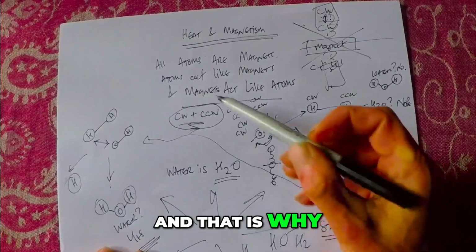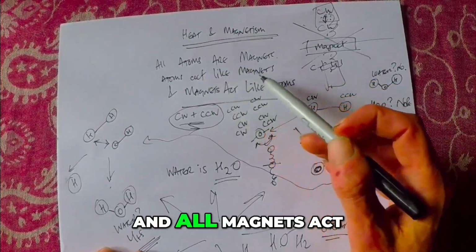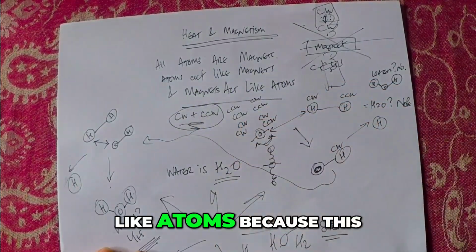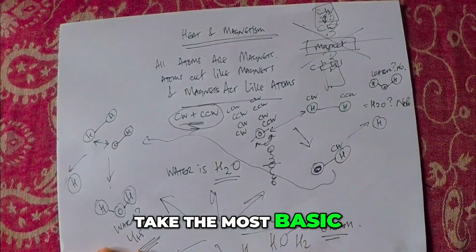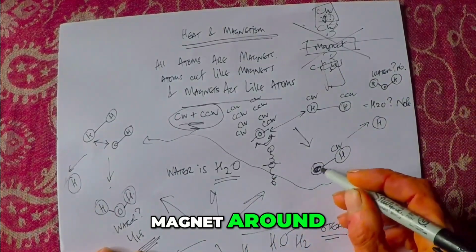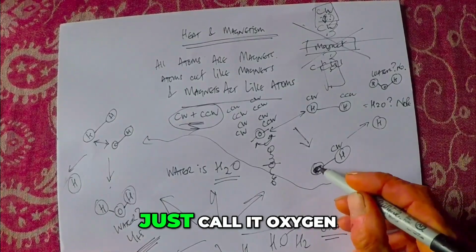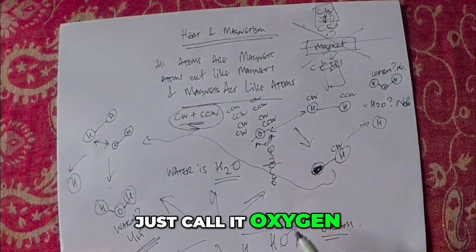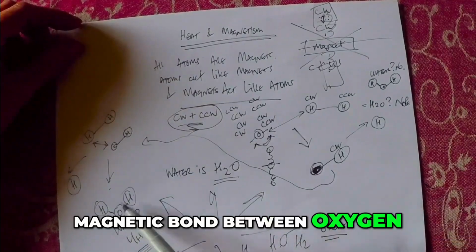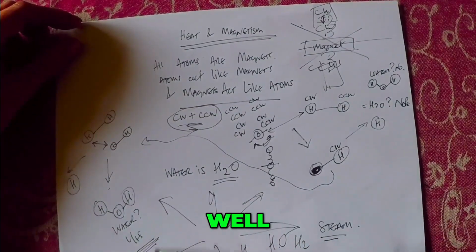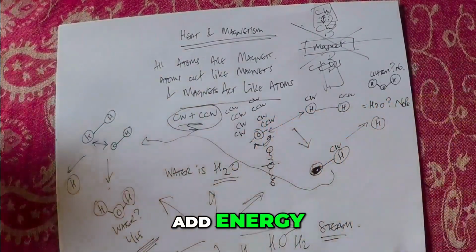And that is why all atoms are magnets, and all magnets act like atoms, because this does the same as water. So if we take the most basic magnet around, let's just call it oxygen, how do you break the magnetic bond between oxygen and hydrogen? Well, you add energy.